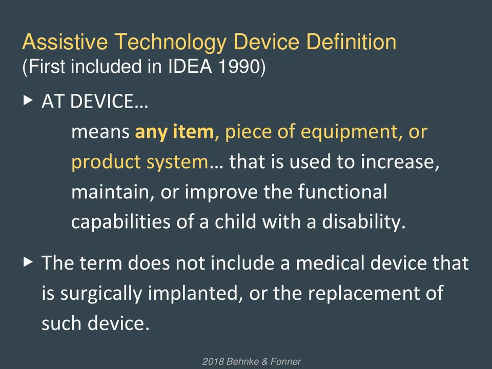Of course, this term does not include a medical device that is surgically implanted, i.e. a cochlear implant, or the replacement of that device. But what I want to really concentrate on is that it's any item, piece of equipment, or product system, so that it really can mean anything of what is assistive technology.